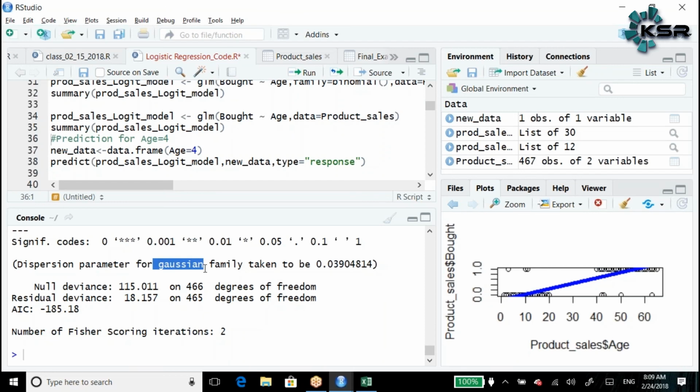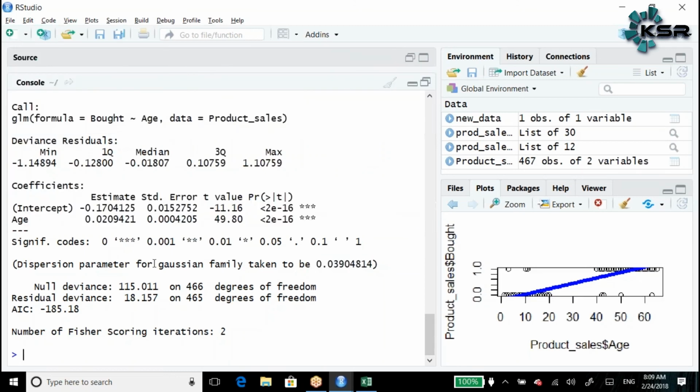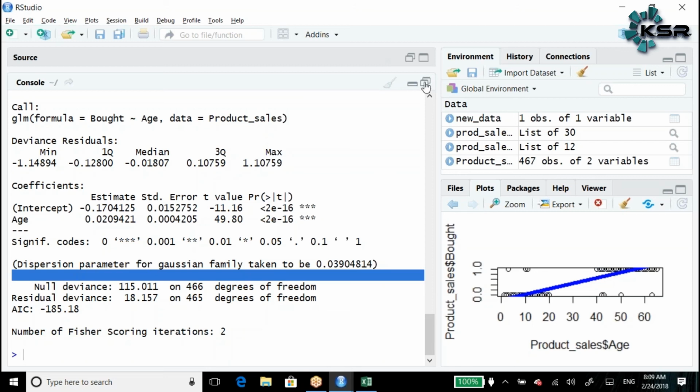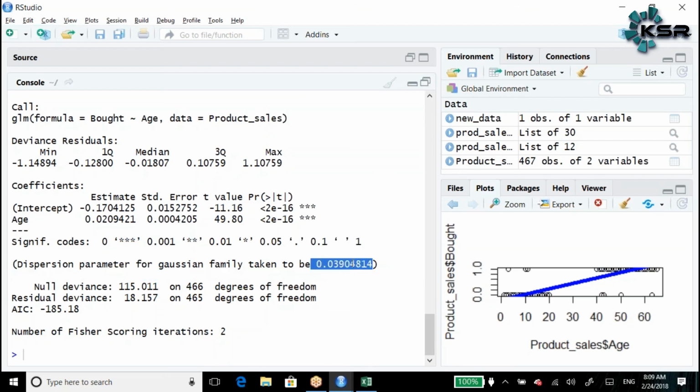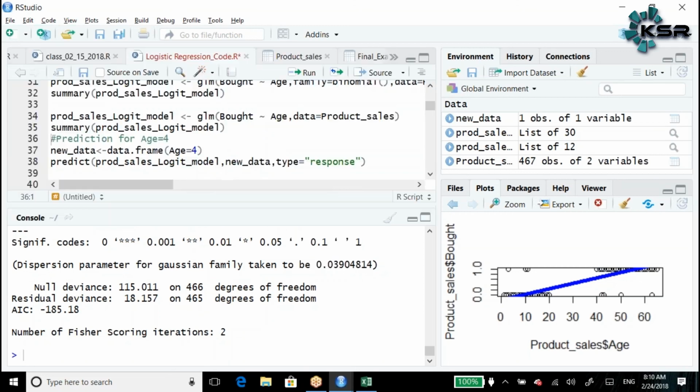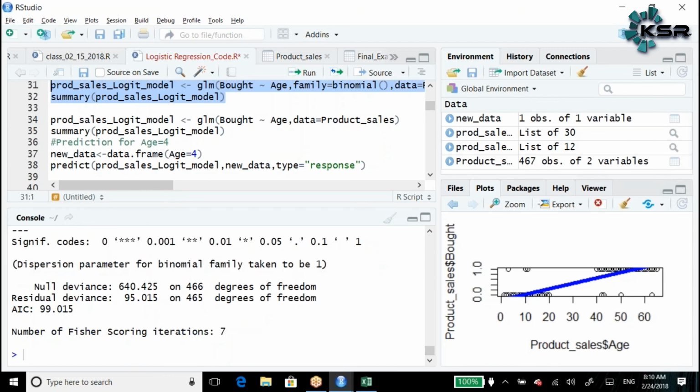Gaussian is the normal distribution, and normal distribution means again a linear model. If you do not mention family is equal to binomial, it does not build the logistic regression. It builds a simple linear regression again, even taking the model for 0.03. That is not correct. Always you need to mention family is equal to binomial.